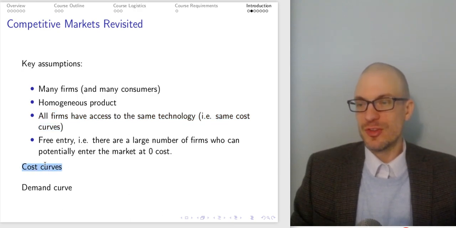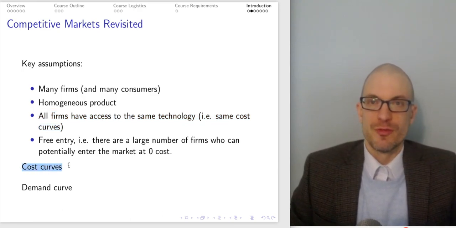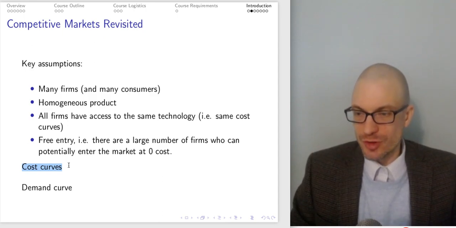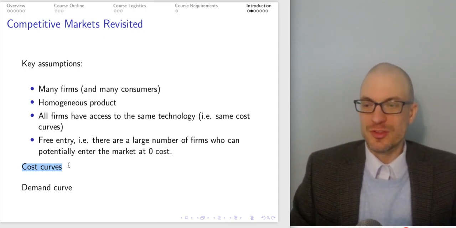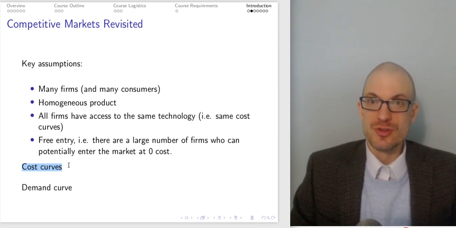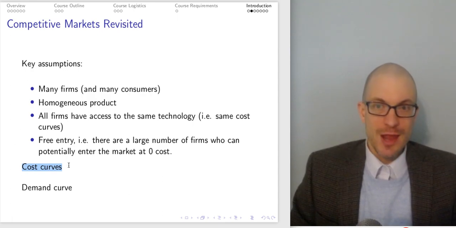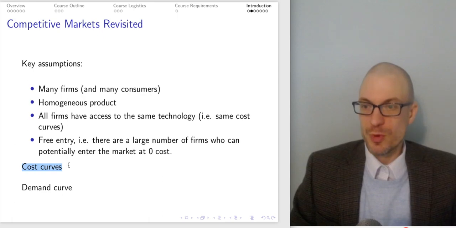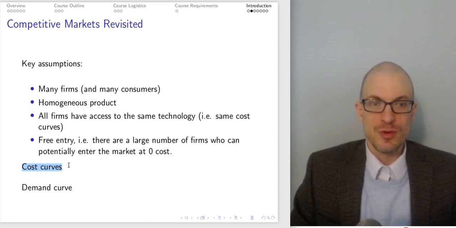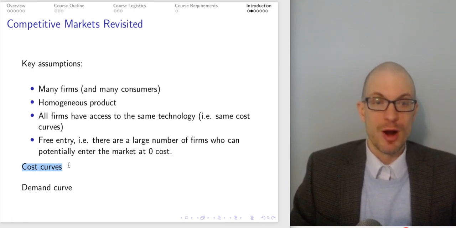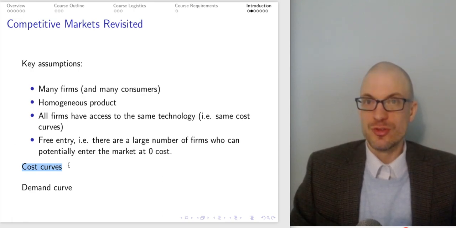Other things that are interesting is thinking about the cost curves, the idea that the firms in the market are going to have the ability to adjust their own cost curves to the extent that they're not completely determined by the market. The market itself might include a situation where there is just a large fixed cost and a low marginal cost, and there's not a lot the firm can do to change that. So for instance, thinking about an entertainer or a content creator, or a sports team, there's a large fixed cost associated with even being able to operate in the market. There's low to zero marginal cost with serving an additional consumer.